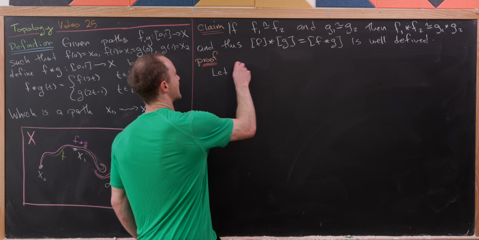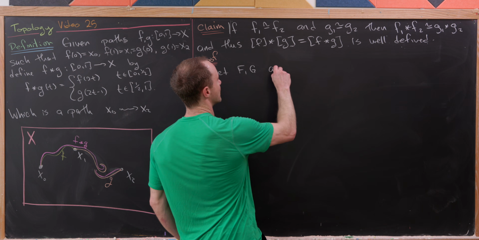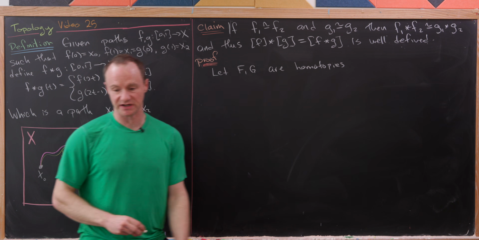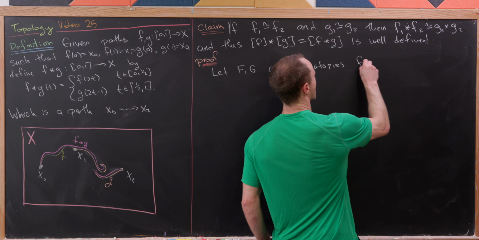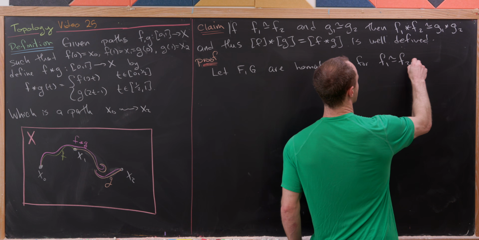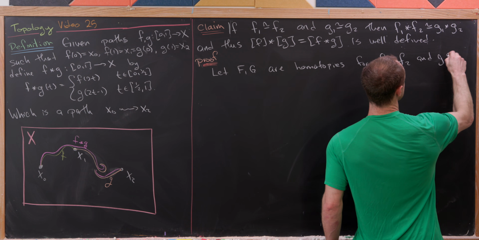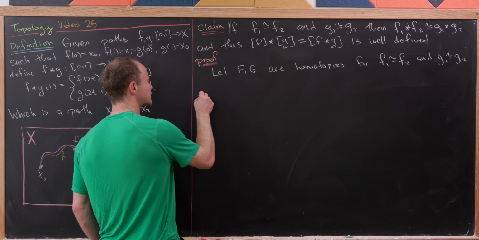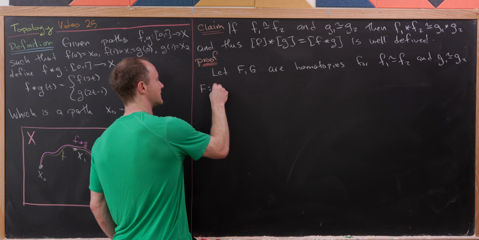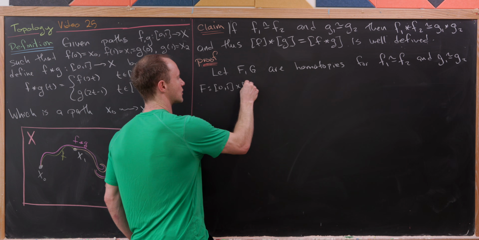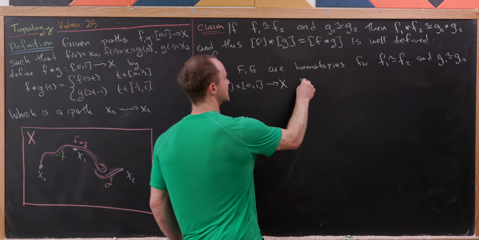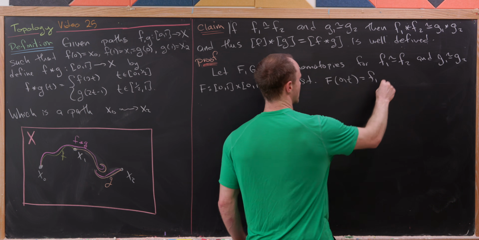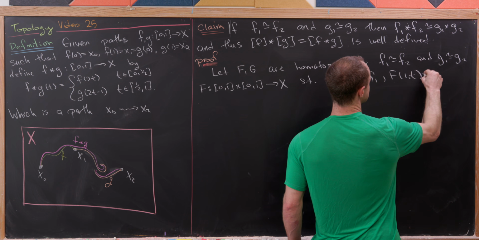So let's say that capital F and capital G are the homotopies for f1 to be equivalent to f2 and g1 to be equivalent to g2 respectively. Let's recall really quickly what that means: F is a continuous function from [0,1] cross [0,1] into X, such that F(0,t) is equal to f1, and F(1,t) is equal to f2.